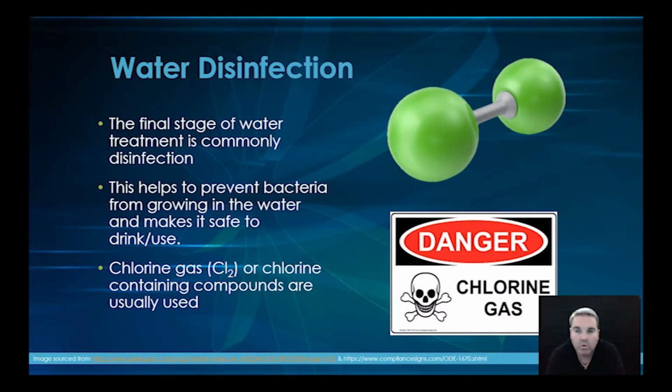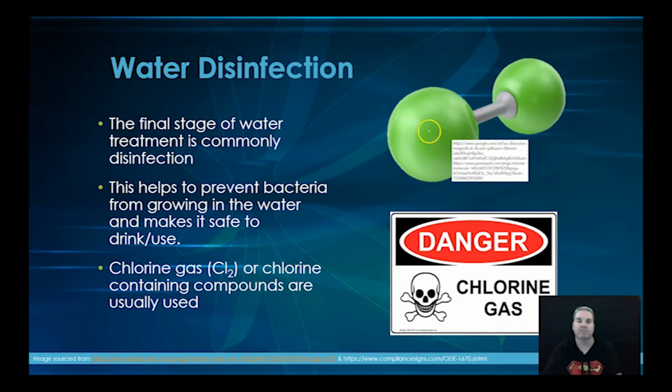Once you've got your water, the very final thing they'll want to do is normally disinfection, and this is to remove any bacteria or microbes which might be in the water. Now those microbes won't be removed through filtration or sedimentation or anything like that, and what we normally do is use either chlorine or chlorine containing compounds. So chlorine is just Cl-Cl, so Cl2.